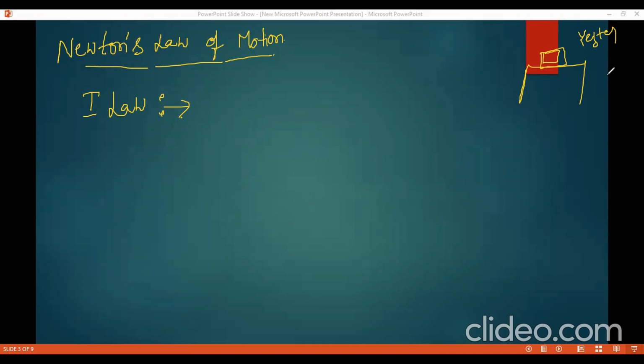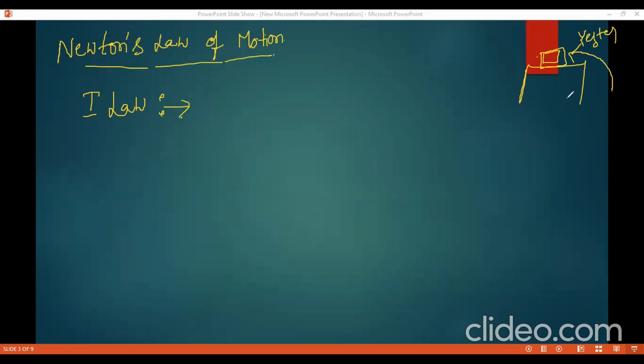Now, the next day, you go and observe the book. The book is in the same place and the table is in the same place. There is no change in position, and no change in shape.